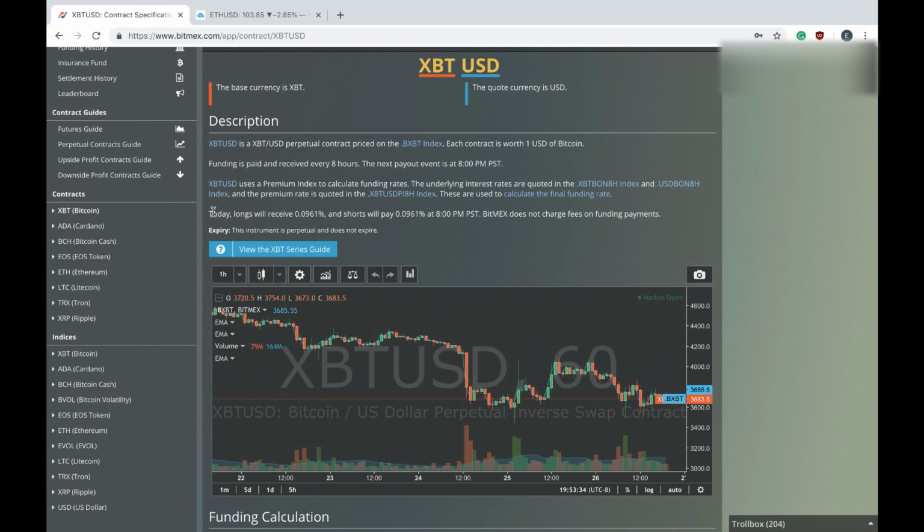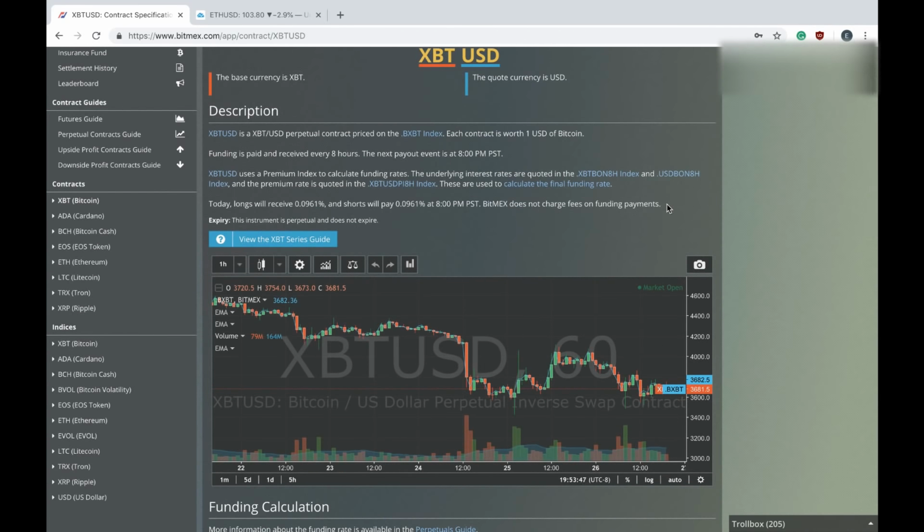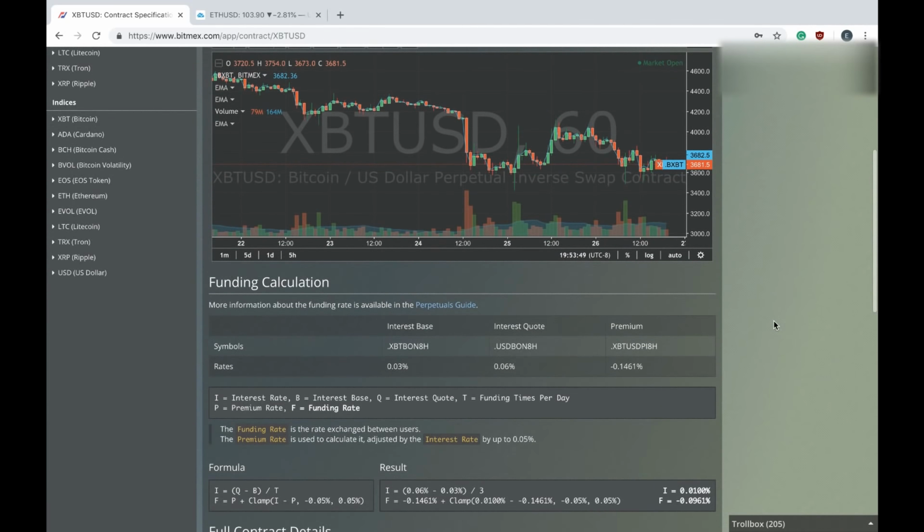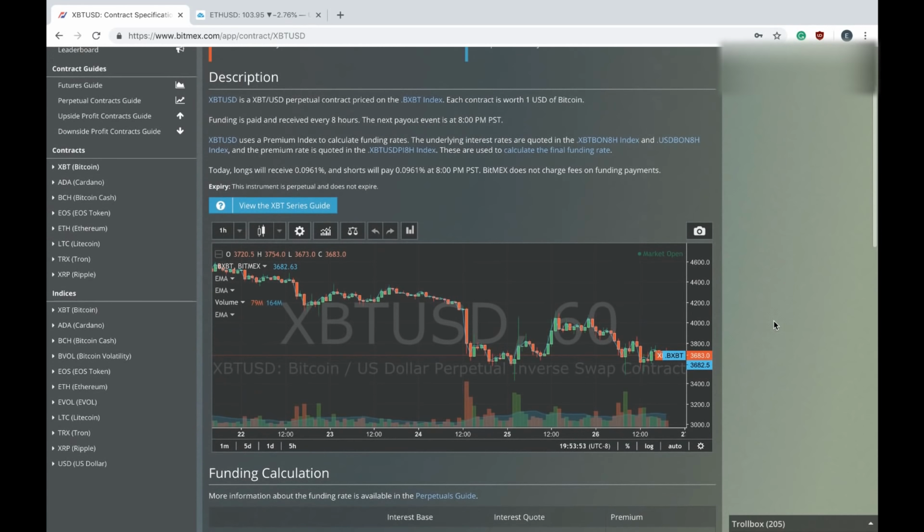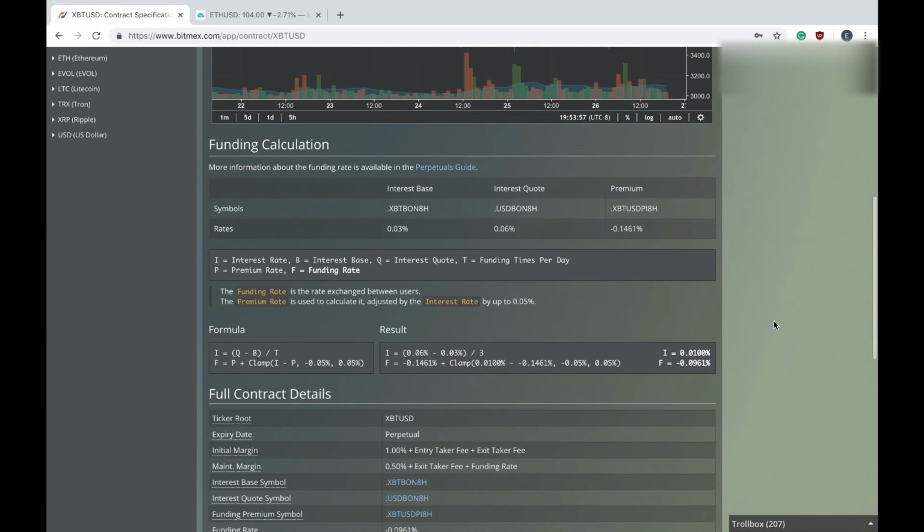This next one right here, longs will receive 0.0961% and shorts will pay 0.0961% at 8 p.m. PST. Bitmex does not charge fees on funding payments. So Bitmex pays you to be in a position, basically, or it could charge you to be in a position.